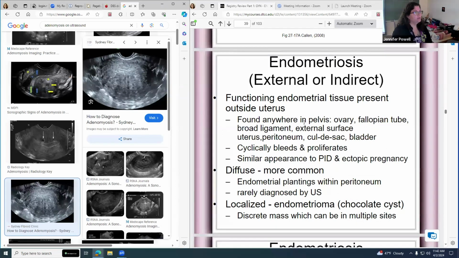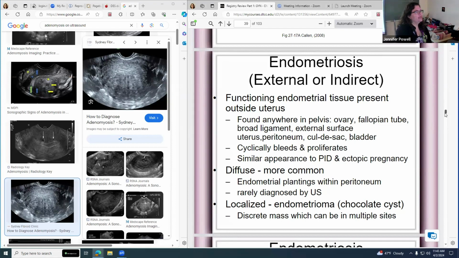It can be found anywhere in the pelvis: ovary, fallopian tubes, broad ligament, external surfaces of the uterus, peritoneum, cul-de-sac, bladder, bowel. It cyclically bleeds and proliferates so it can grow and spread. It's similar in appearance to pelvic inflammatory disease and ectopic pregnancy. It is diffuse, meaning that it's kind of all over the place.